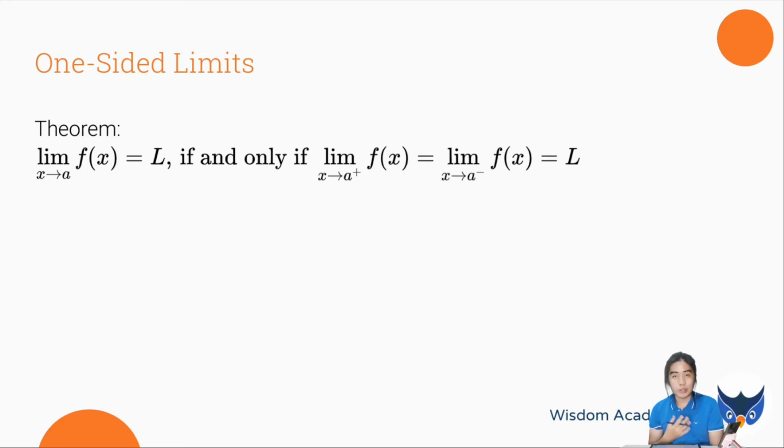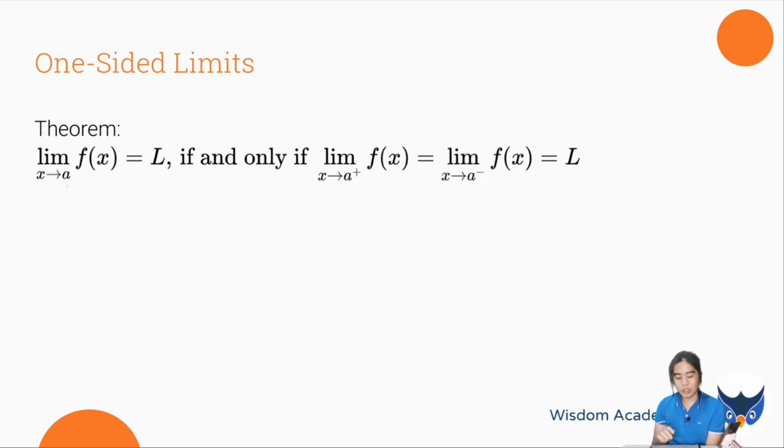So, now, we will discuss how we will use one-sided limits to get limits of a function. So, we have a theorem dito. Kung maalala natin na yung difference ng normal limits sa one-sided limits is both sides tinitingnan yung normal limits. So, we can translate it to this theorem na yung limit of f of x as x approaches a will be equals to L if and only if its one-sided limits from the right and from the left is both equal to L. Okay?